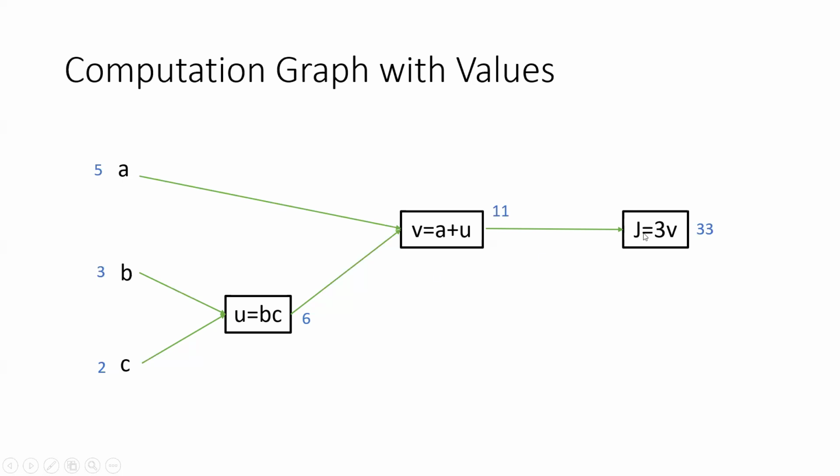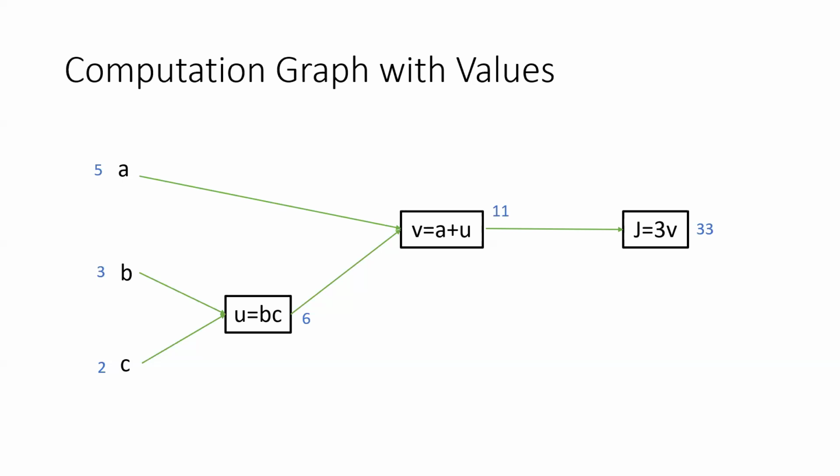Due to this J change, how much should the A variable change? For the B, how much? For C, how much should you change, and in which direction? So you have to update all these variables when there's a J change.